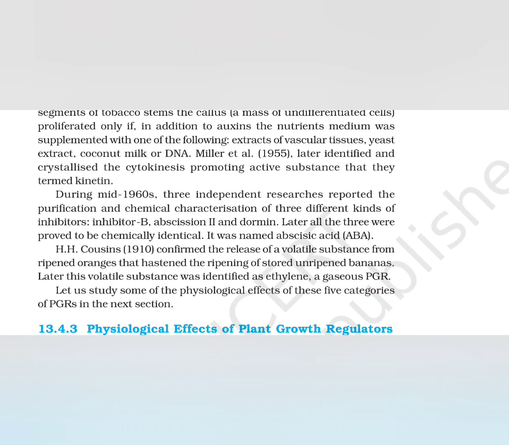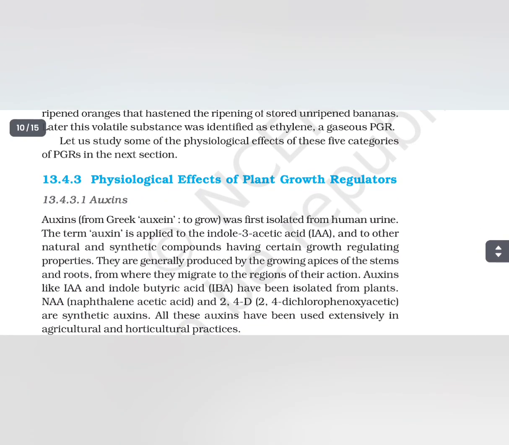H. H. Cousins, in 1910, confirmed the release of a volatile substance from ripened oranges that hastened the ripening of stored unripened bananas. Later, this volatile substance was identified as ethylene, a gaseous PGR. Let us study some of the physiological effects of these five categories of PGRs in the next section.